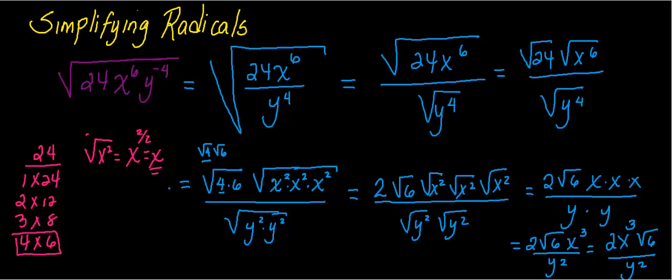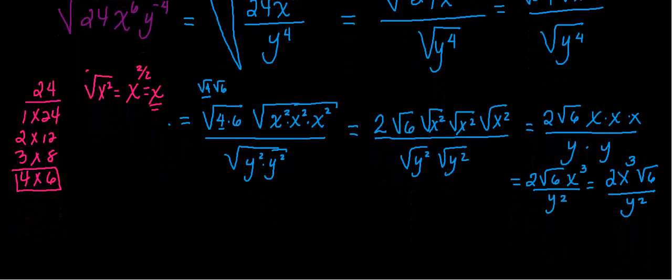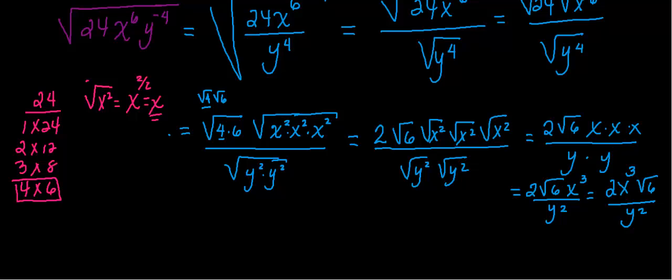Now the short way. Let's do the short way. For the short way, you take your original expression. I'm going to rewrite it down here: 24x to the 6th power, y to the negative 4th power. And this is what you're going to do.